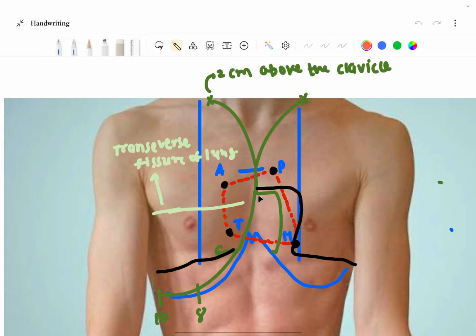From the fourth costal cartilage, this line goes laterally, and then it makes the cardiac notch like this, and here both will come at the sixth costal cartilage. The right will descend directly to the sixth costal cartilage, and the left will descend by following the notch to the sixth costal cartilage. Now the lung will go laterally from the sixth costal cartilage, and here also it goes laterally. Clear.